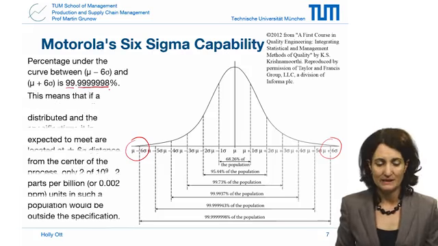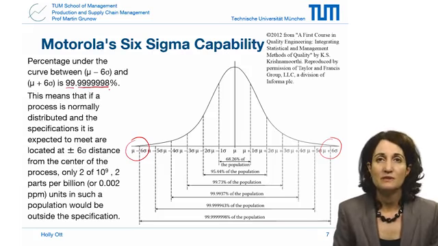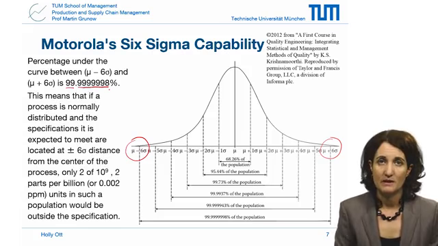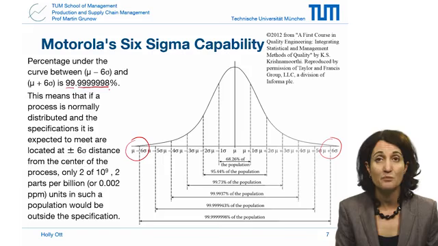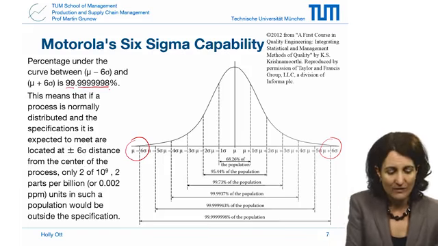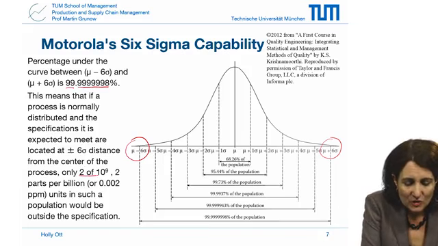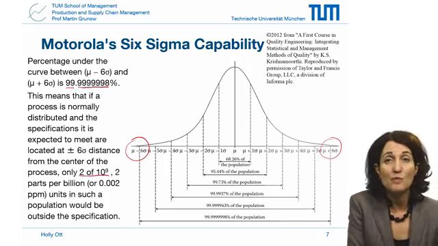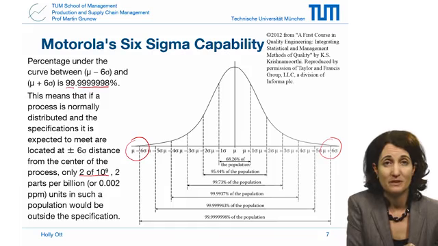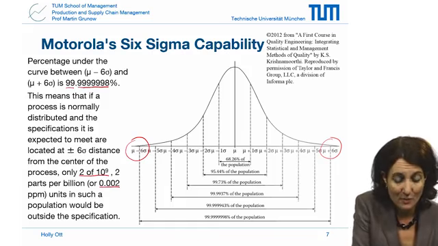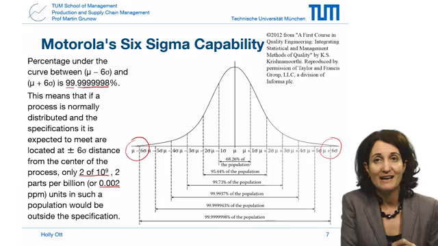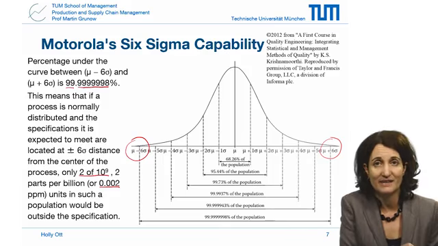And what this means is that if the process is normally distributed, and the specifications the process is expected to meet are located at plus or minus 6 sigma distance from the center of the process, then we have only 2 parts per billion, or 0.002 parts per million units, that would actually fall outside of the specification.